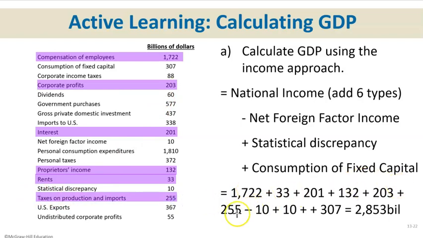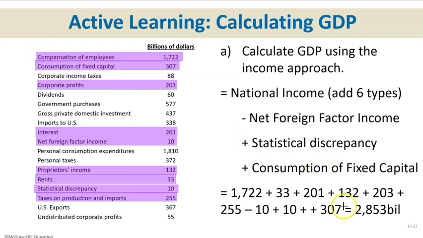So add together all six. Then we're going to make the three statistical adjustments, which I put on here for you. So first subtract net foreign factor income, which is here. So we're going to subtract 10, then add the statistical discrepancy, which is right here. So add the statistical discrepancy, and then add consumption of fixed capital right here.